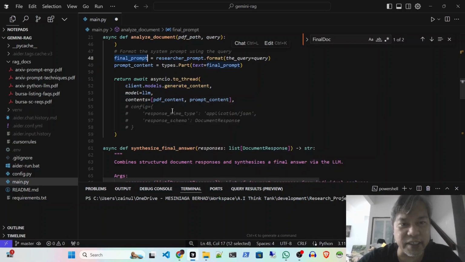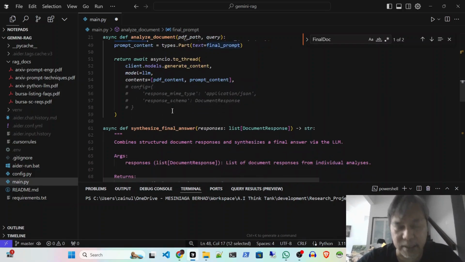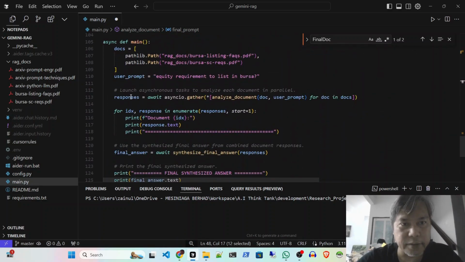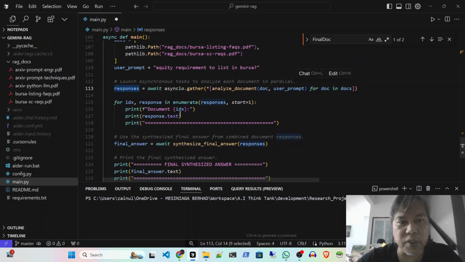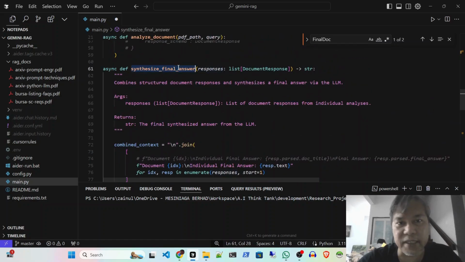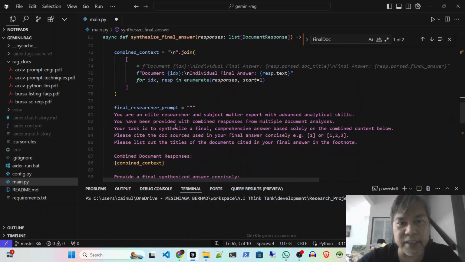This will return each of the individual bots, and then we're going to look at the outcome of that. Both responses will then be fed into the final bot, where we're just asking it to look at the combined responses and synthesize a final comprehensive answer.